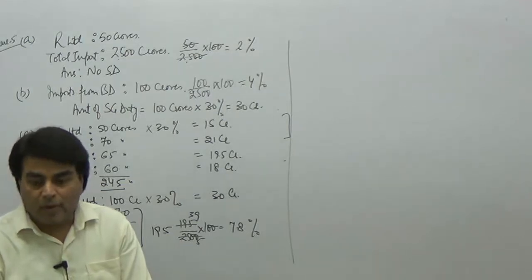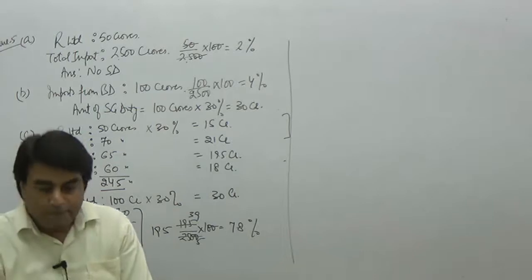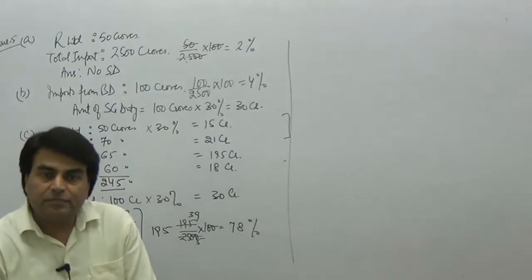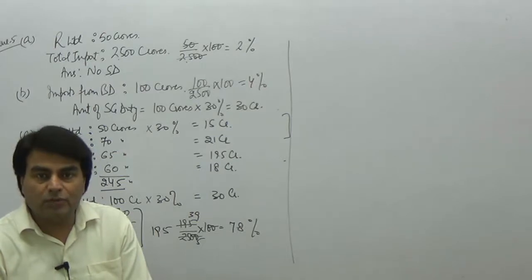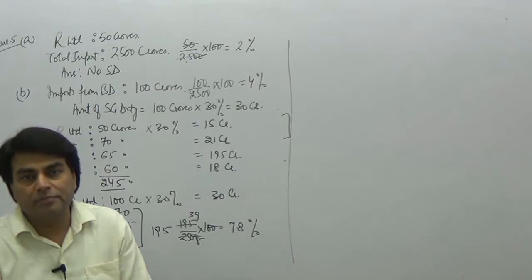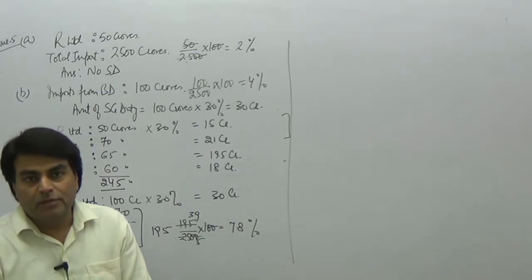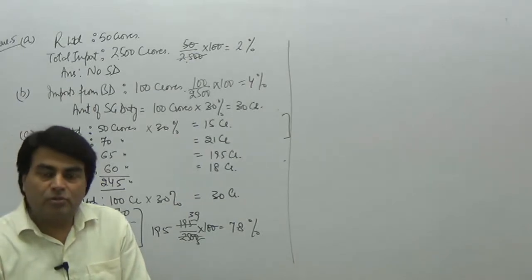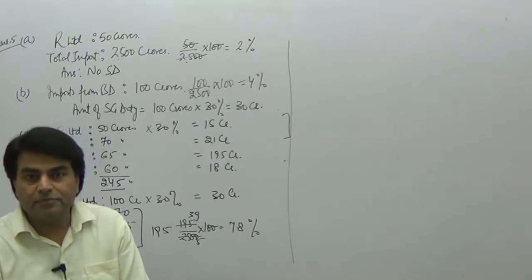If you remember, in our last session, when we were discussing anti-dumping duty, I told you that the question would give you the instructions on how to work out the anti-dumping duty. Anti-dumping duty is to be worked out on the basis of the notification issued by the government.